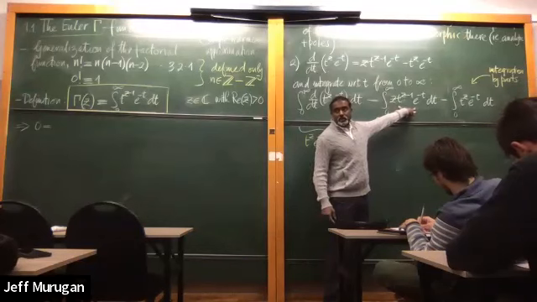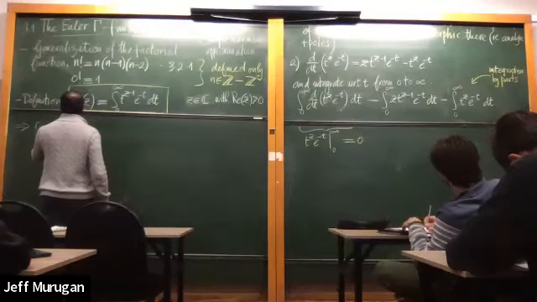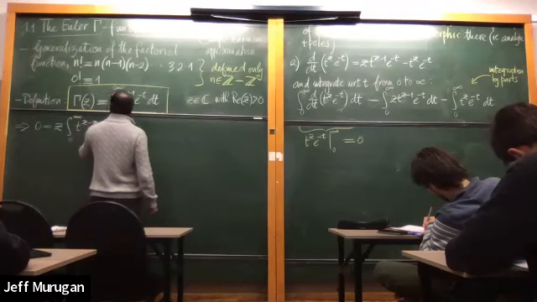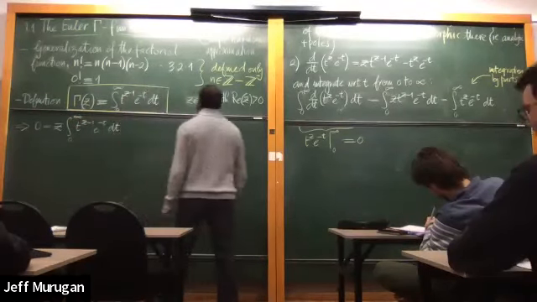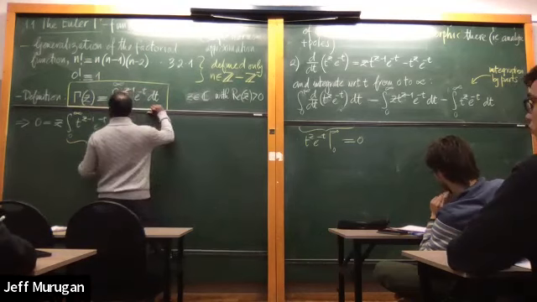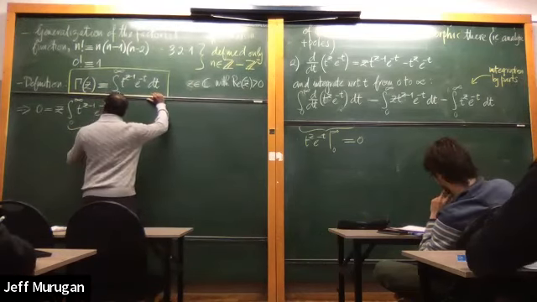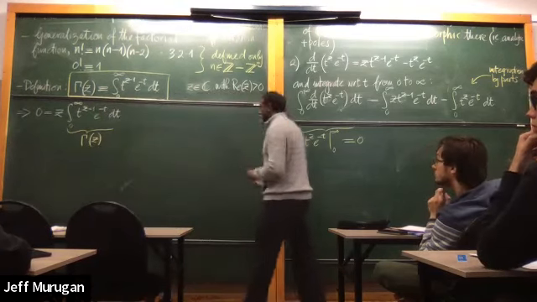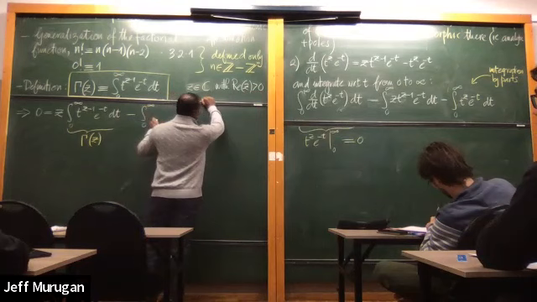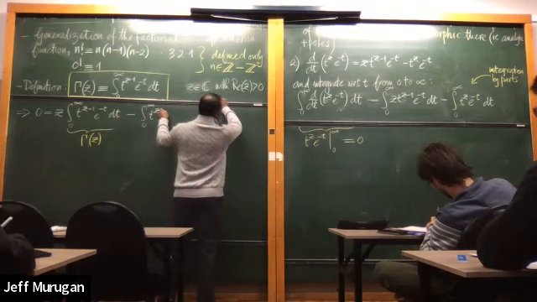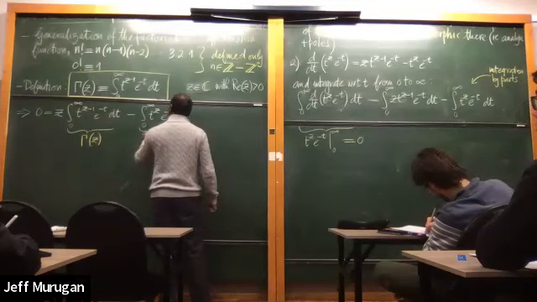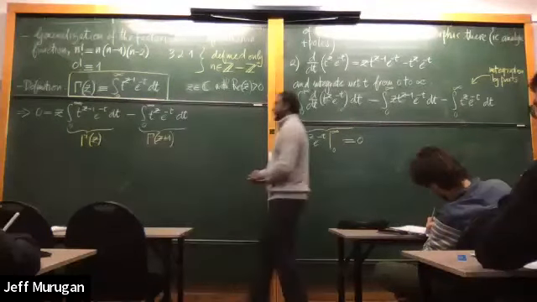This is an integral with respect to t, so I pull z out. And what's left is the integral from 0 to infinity of t to the z minus 1 e to the minus t dt, which, what's just sitting above here, is nothing but gamma of z, minus the integral from 0 to infinity of t to the z e to the minus t dt, which you would recognize as gamma of z plus 1.